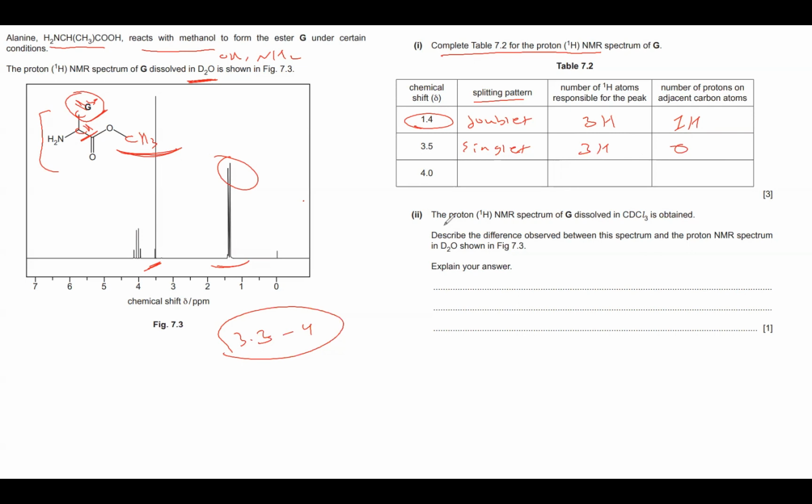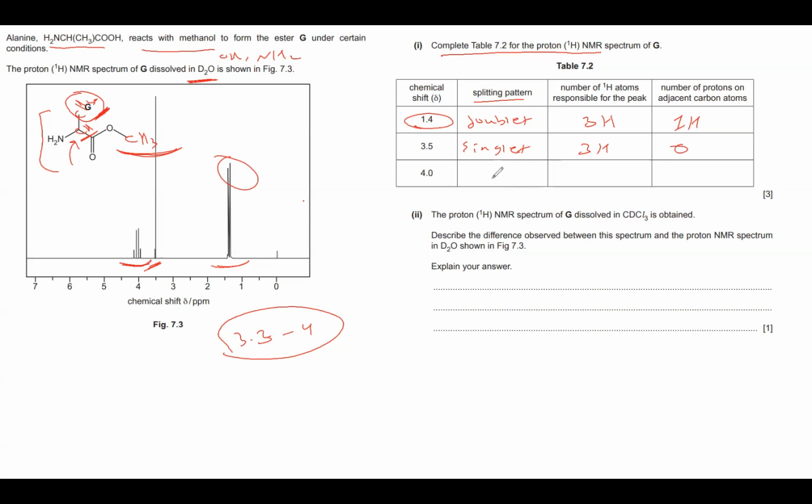Okay, the last one, on 4 we have quartet. So this proton here, its neighbor carbon atom has 3 H's, so it gives us quartet.